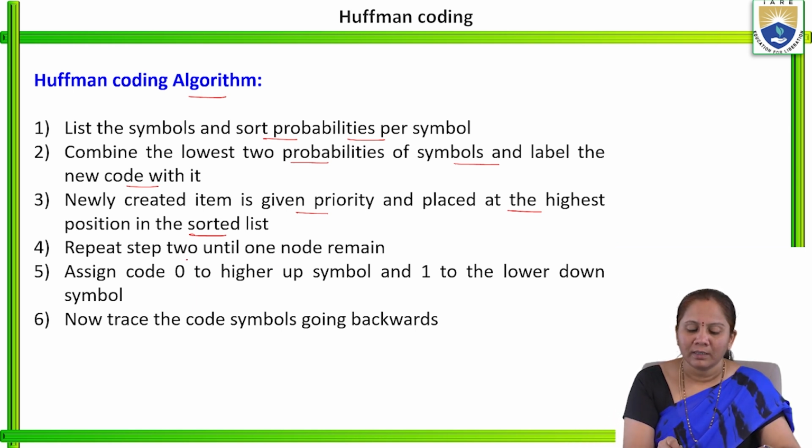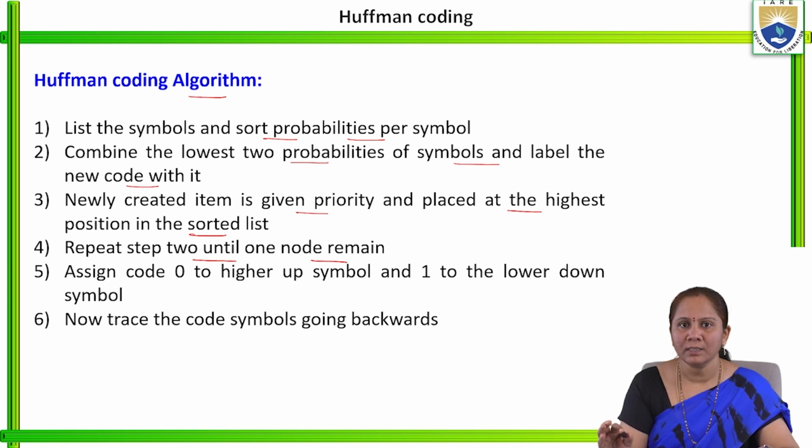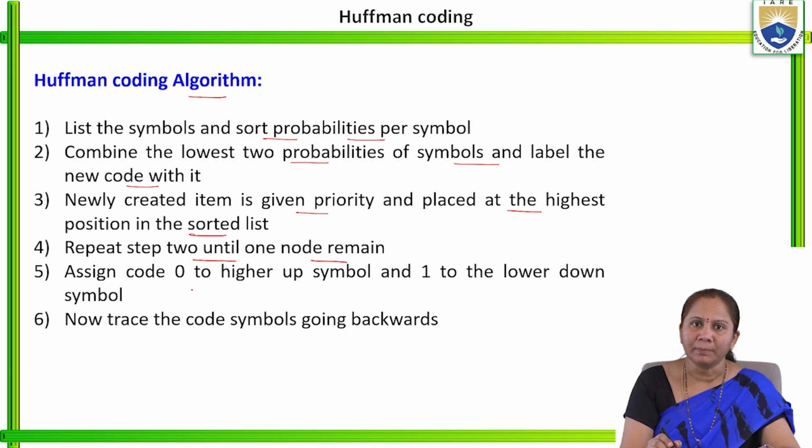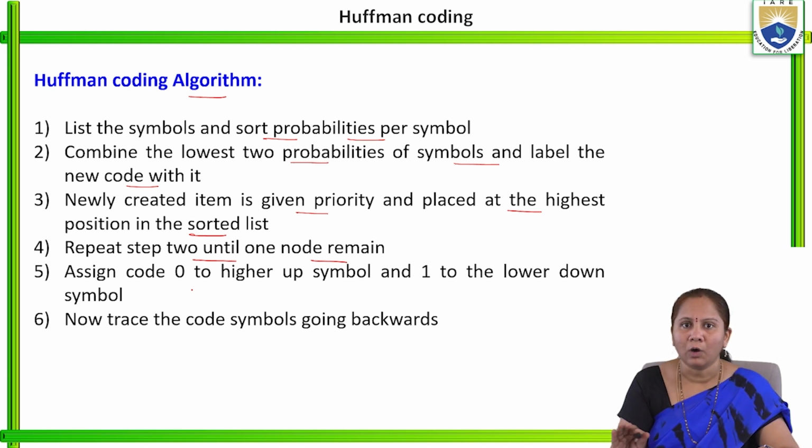We repeat the addition operation like this until we remain with one node. Each step we follow this until one node remains. After performing all the operations, next we assign the codes. We assign code 0 to the higher and code 1 to the lower symbol.